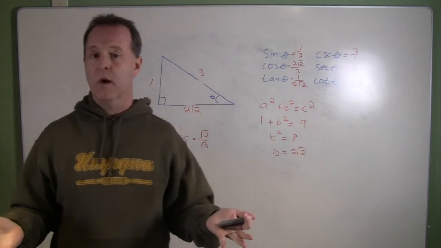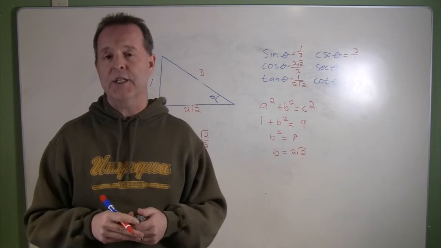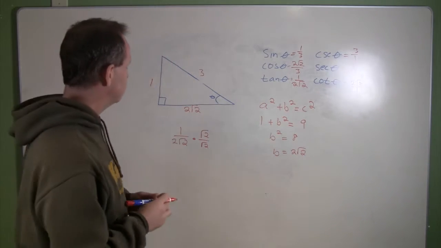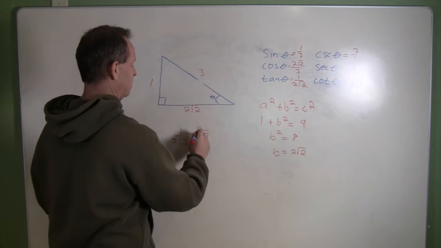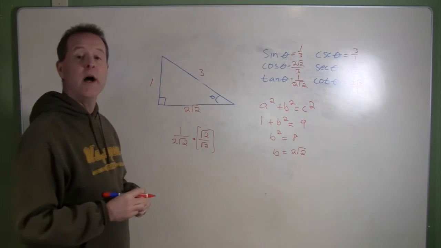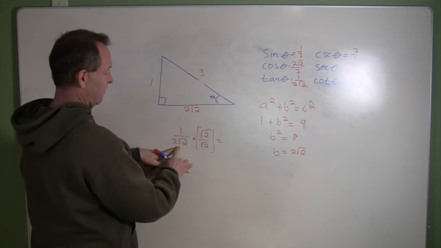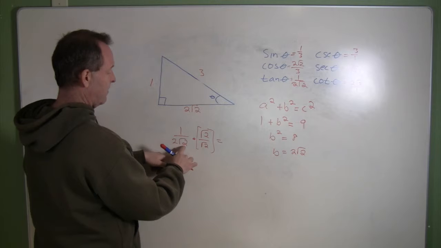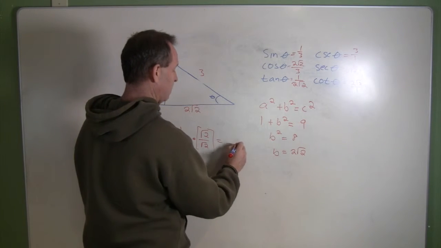And again, if you multiply anything by 1, it doesn't change the original quantity. And so here's what it is. This is essentially a 1. Choosing that very clever version of 1, multiplying the bottom, 2 times root 2 times root 2 is 2 times 2, which gives me a 4.